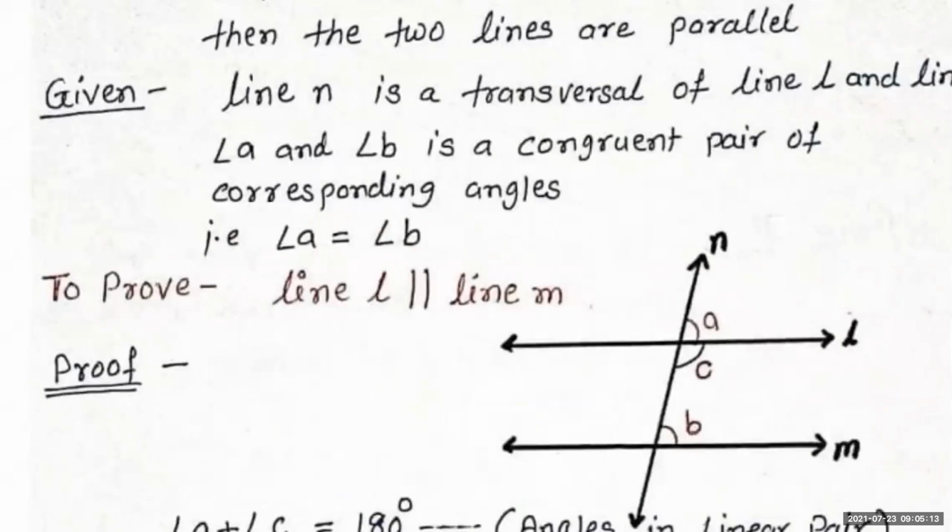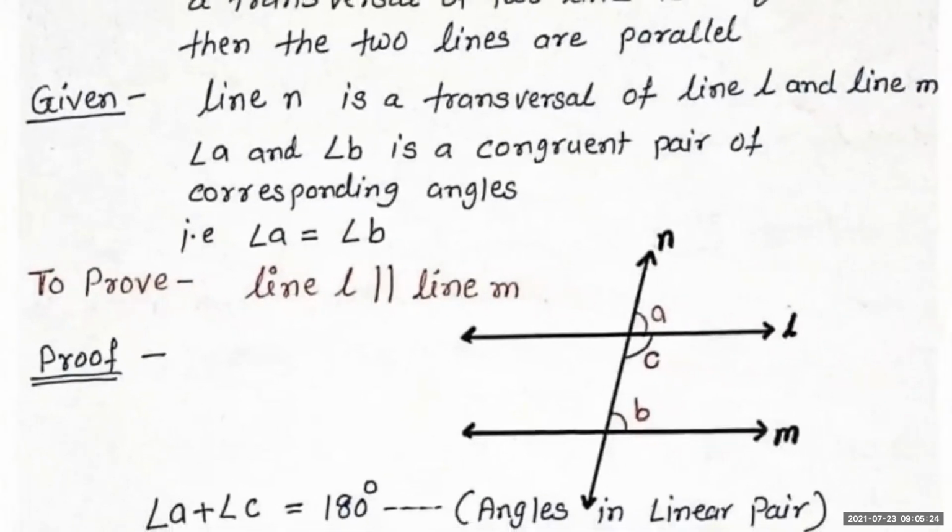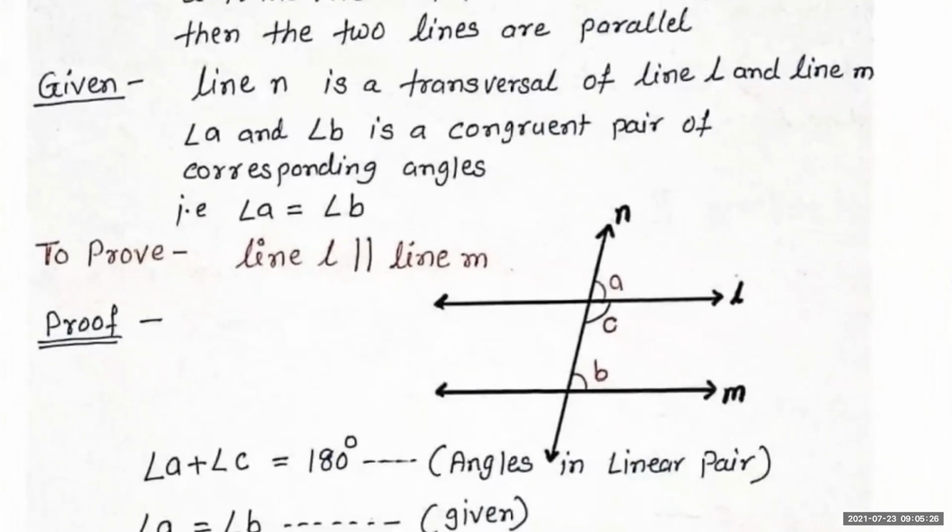So the next step is angle A equal to angle B. That is all given. Now we have to prove these two lines are parallel to each other. It is very simple to prove this.